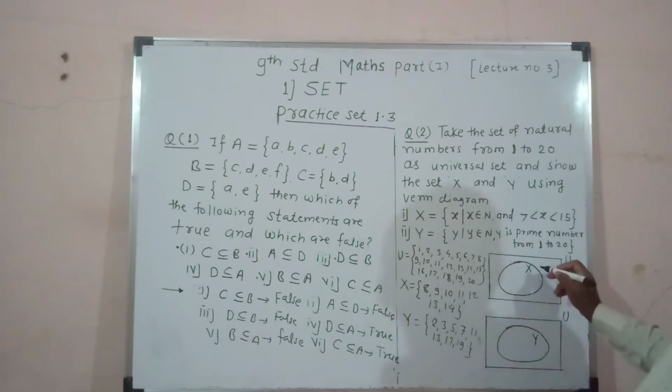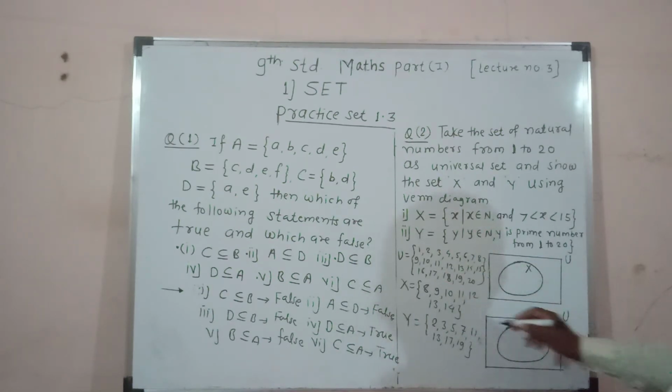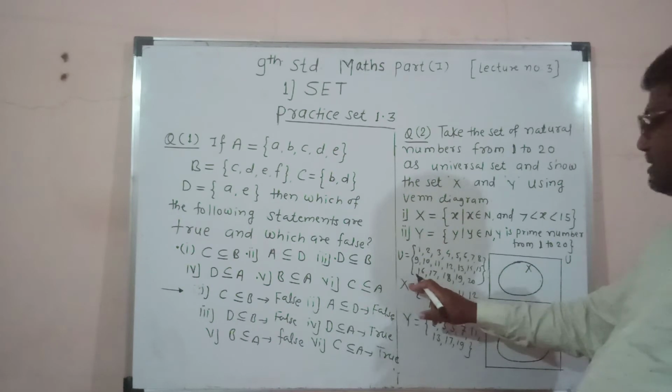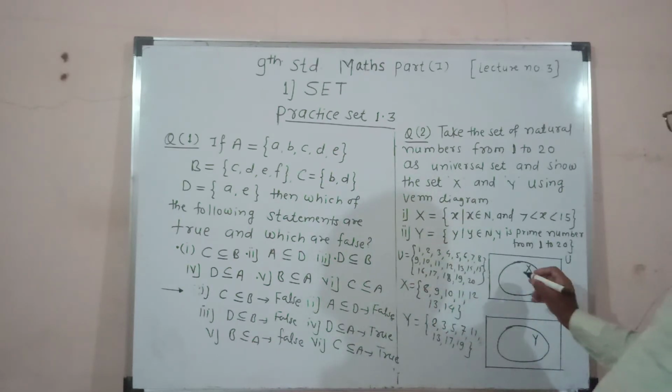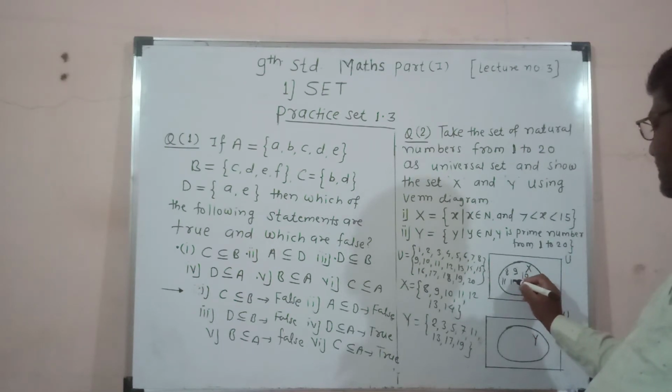Now in both the cases we indicate the universal set U by rectangles. In the first case the inner circle is represented by set X, and in the other figure the inner circle is represented by Y. So write the elements of set X in the circle, that is 8, 9, 10, 11, 12, 13 and 14.